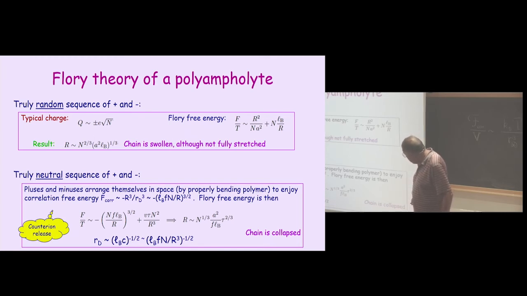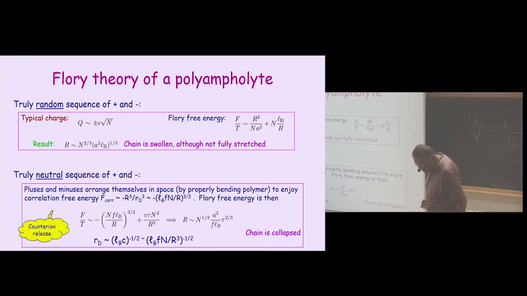Because you see the Debye screening length is this. And divided by R cubed is concentration, f, N is charge, and so on. And then you have this l_B, and then you just do what? You take this R cubed, and you take kT divided by R cubed, and this is your answer.